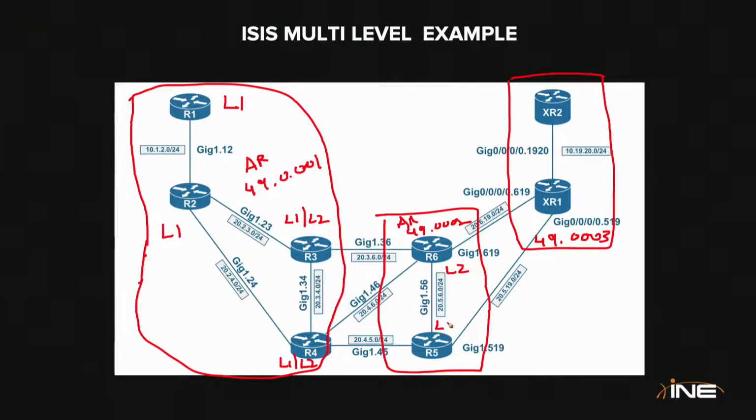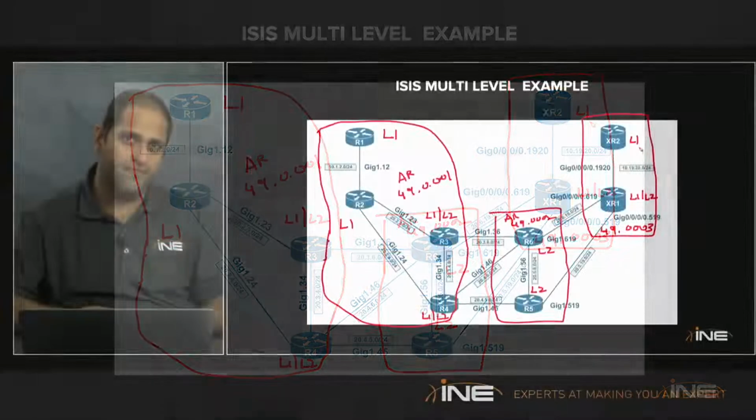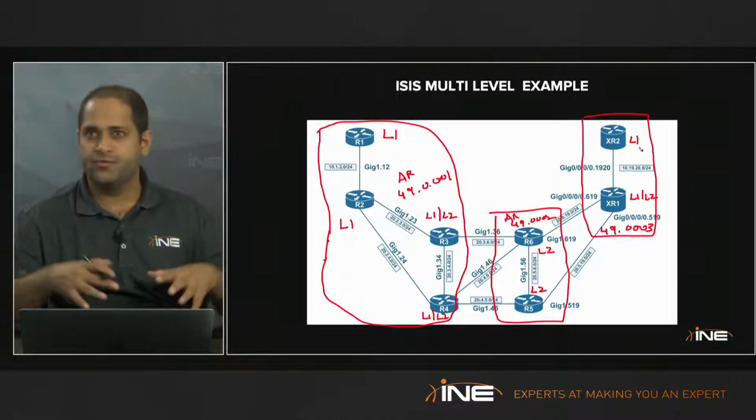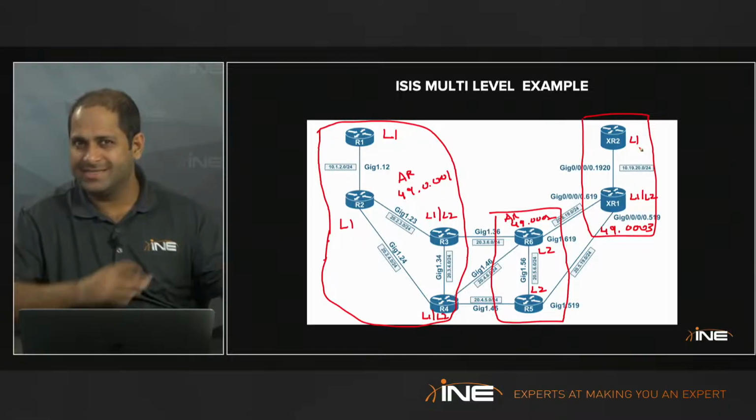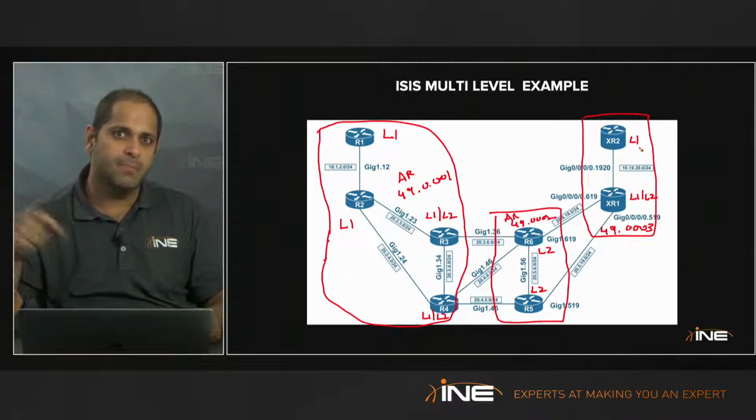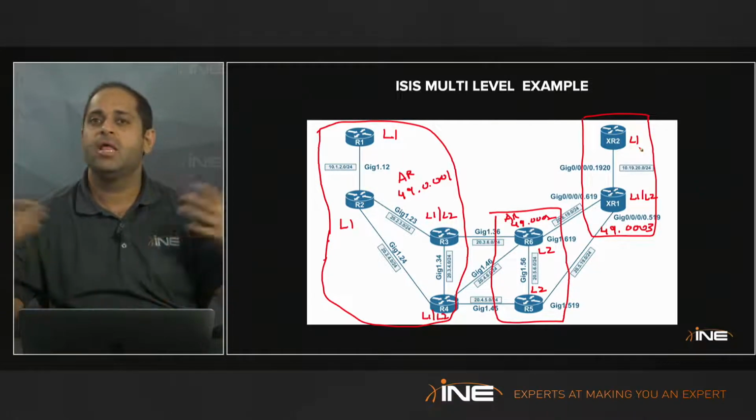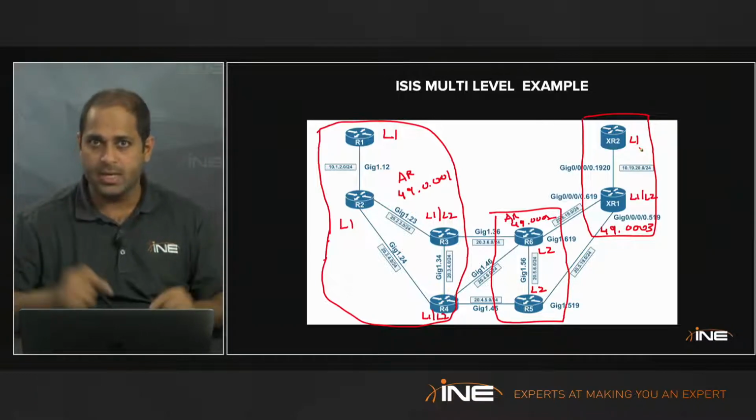R5 would be only level 2. And XR1 would be level 1, level 2. And XR2 would be level 1 only. So this is basically an implementation of multi-level on all these routers, where some routers are just running a single level and some routers are running multi-level to have full neighborship so that we can reach end to end.